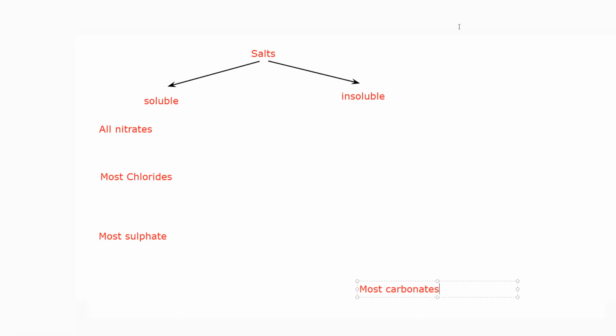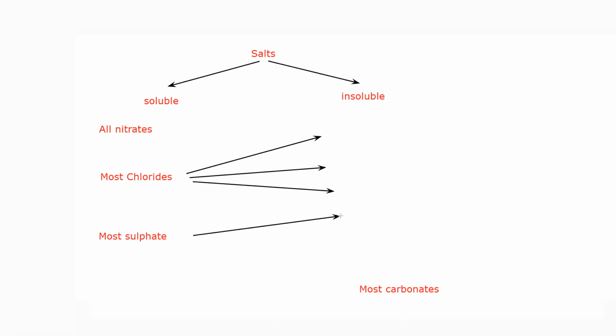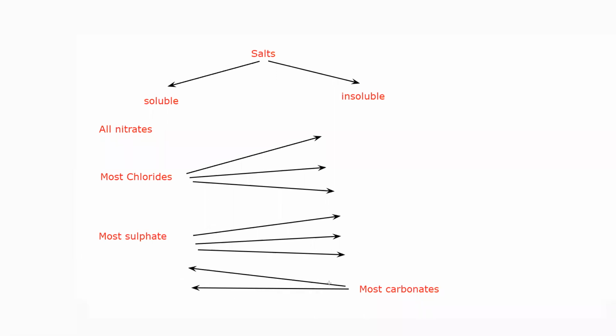But there are exceptions: three of the chlorides are insoluble: mercury, silver, and lead. Three of the sulfates are also insoluble: barium, calcium, and lead. Three of the carbonates are soluble: sodium, potassium, and ammonium.